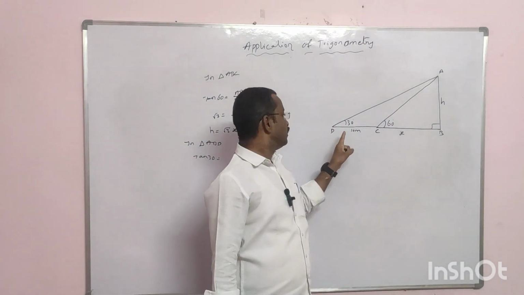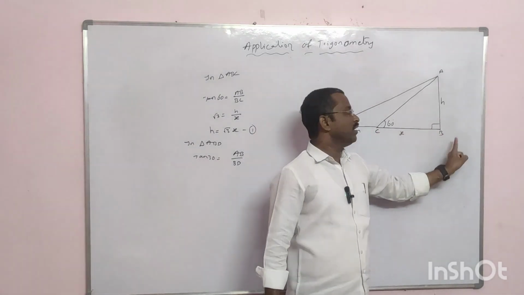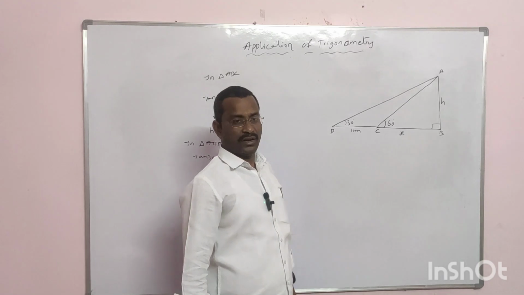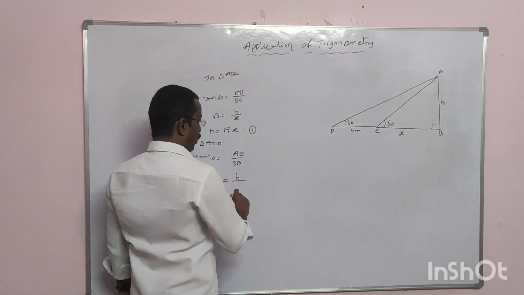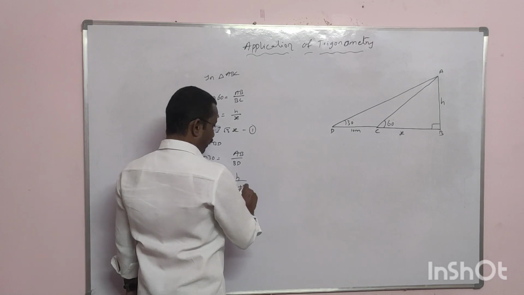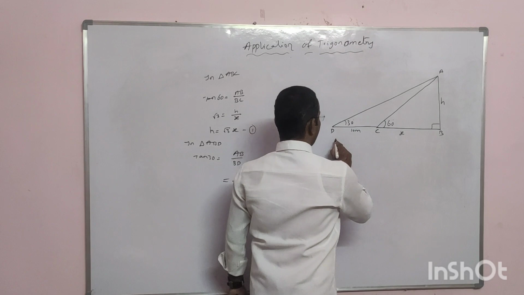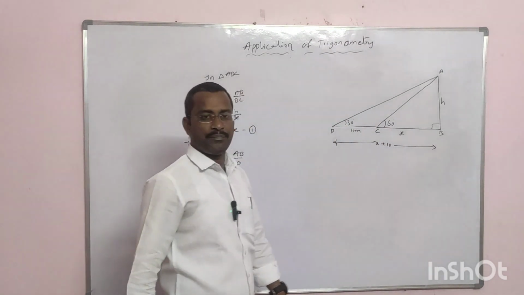So tan 30 is equal to AB by BD. AB is H, BD is x plus 10. Why is BD x plus 10? This is x, this is 10, the total value is x plus 10.